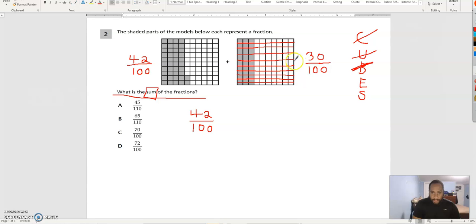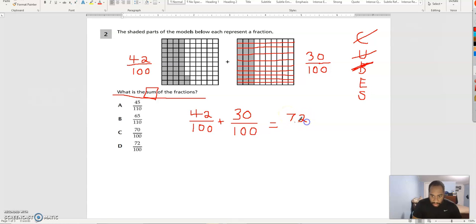See how we did that? We changed it because we cannot add with unlike denominators. So now we have 30 over 100. Who can add this for me? Caesar. 30 plus 42 is equal to 72.